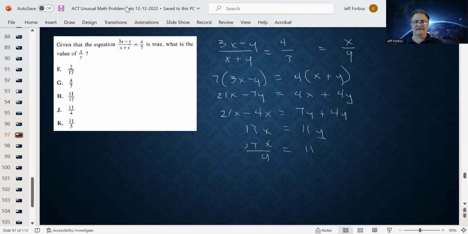Now I need to get my 17 associated on the right side. So we're going to divide by 17, and we're going to have x over y is equal to 11 divided by 17. So therefore, that's going to give us answer choice H.